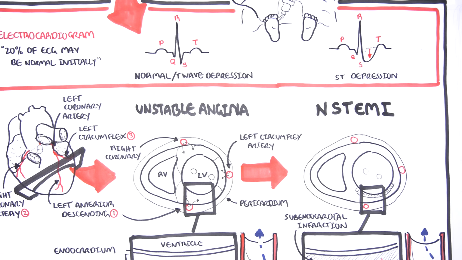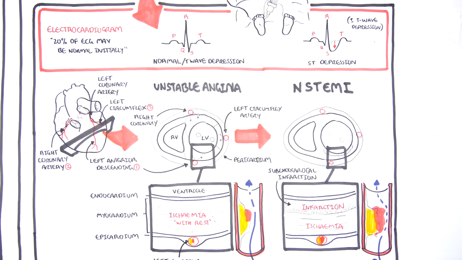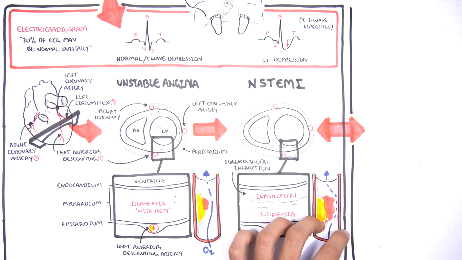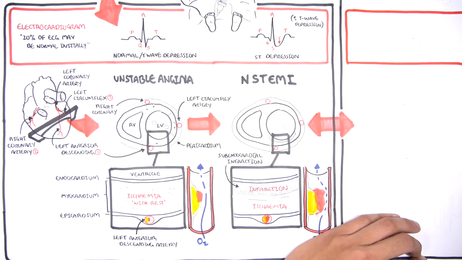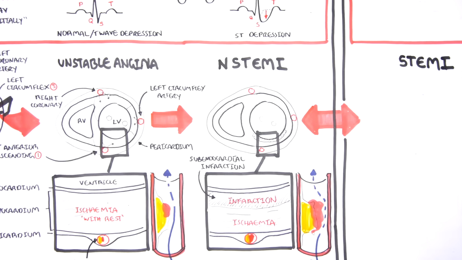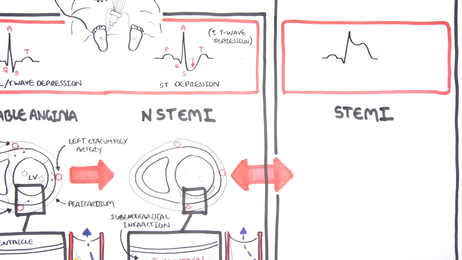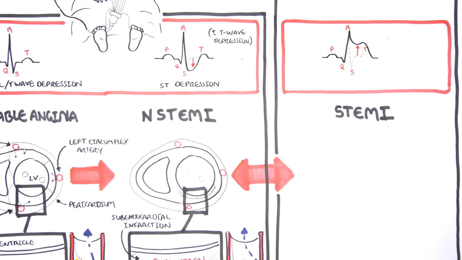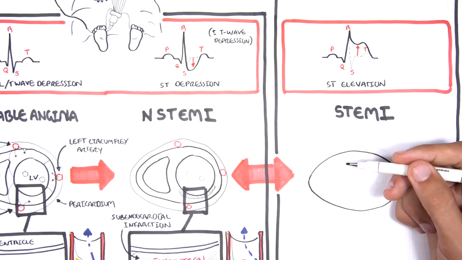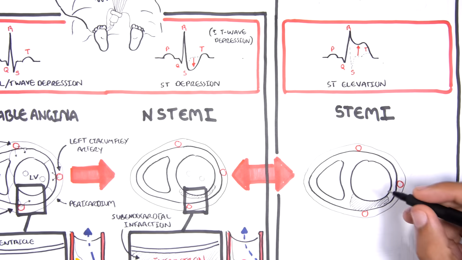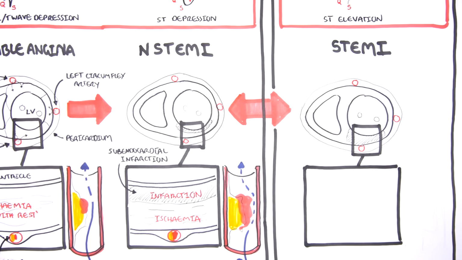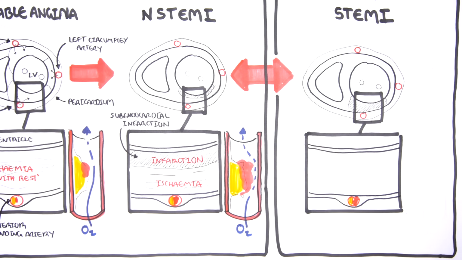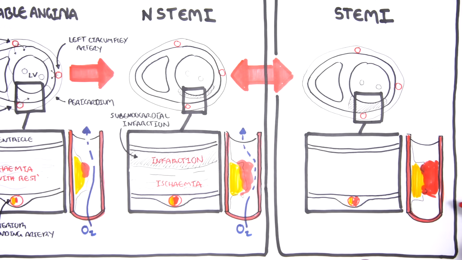A non-STEMI can progress yet further or can result from a transient STEMI. A STEMI again is characterized by a ST segment elevation on the ECG. What happens in a STEMI is you have a complete occlusion of the artery essentially because of the ruptured plaque, subsequent thrombosis, causing complete occlusion.